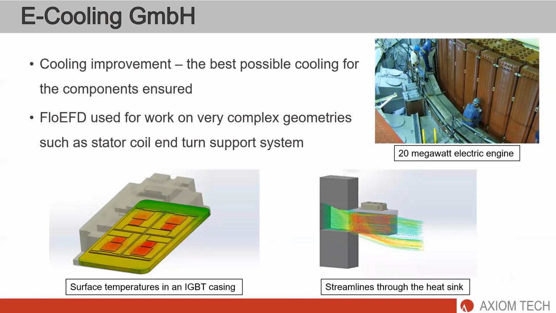And in this case, FloEFD helped the company to work on contracts involving very complex geometries, such as the stator coil and turn support system of a 20 megawatt electric engine. And thanks to FloEFD, the best possible cooling for the component was ensured.